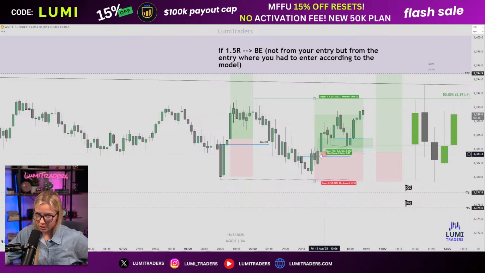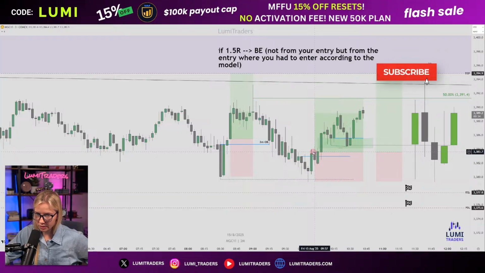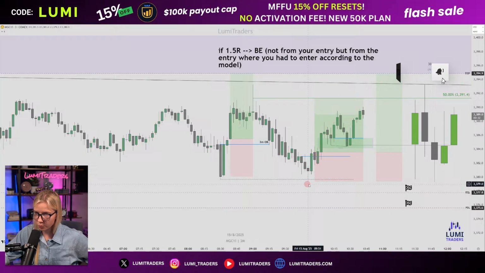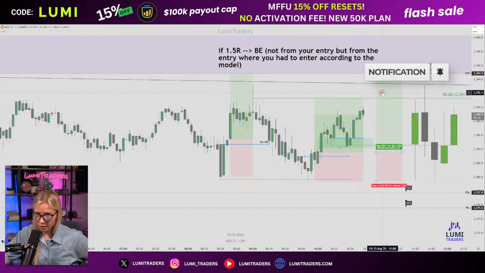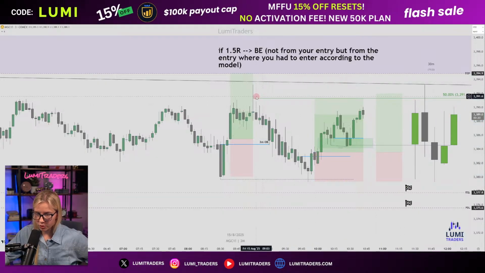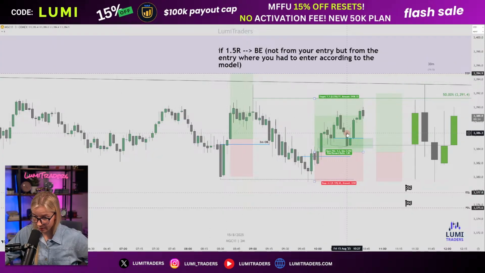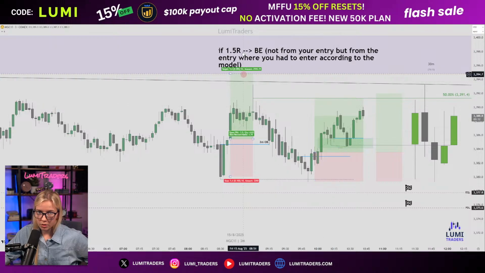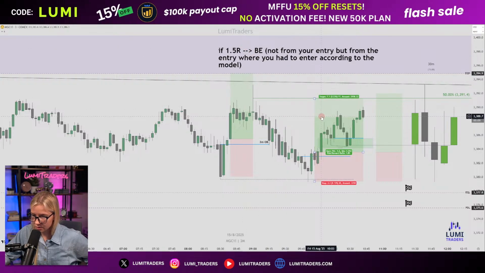For example, we got a sweep, we got the open of the next candle, your stop is the pivot point, swing point, and you're aiming for 2R. 2R is going to be over here, but we're aiming for a liquidity level at this point. It's close to 2R. So once it's 1.5R from the original entry where you had to enter, you must move to break even. Make sense? Or you must move the stop loss to the place where you had to enter initially.